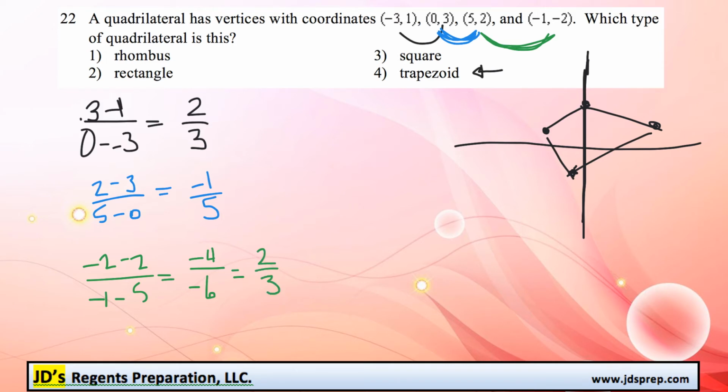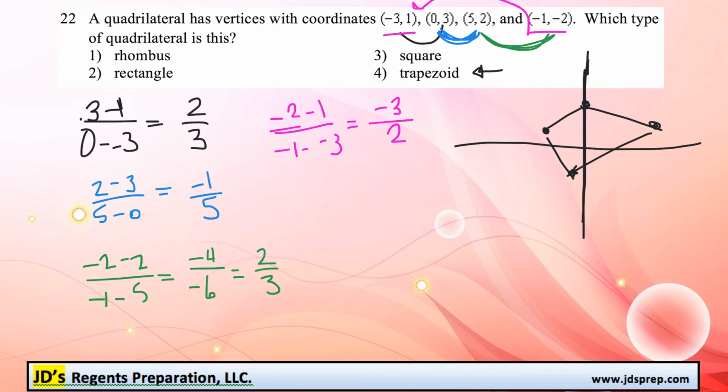And finally, we'll compare -1, -2 to -3, 1 for the last line segment. So the slope of that would be -2 minus 1 over -1 minus -3. And that would get us -3 over 2, so -3 halves.